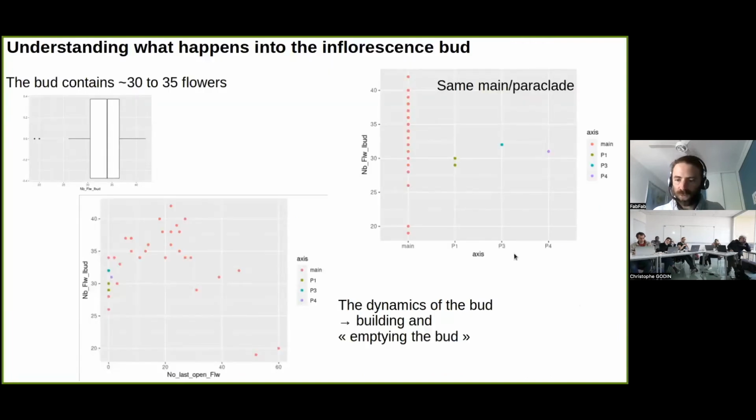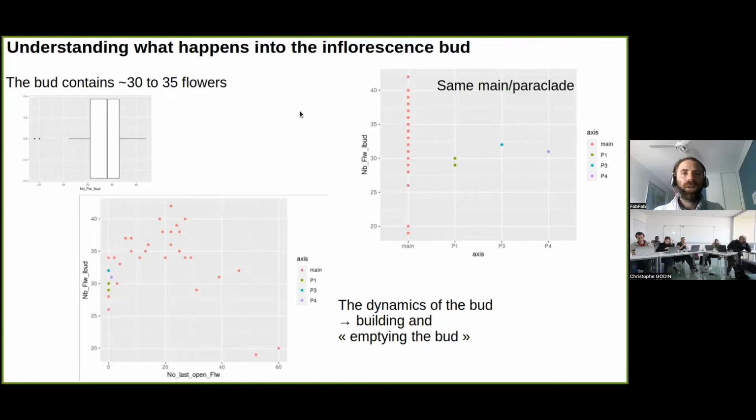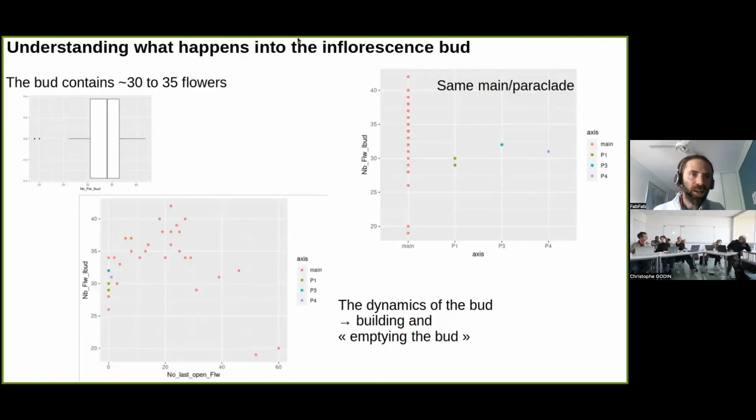Then, I told you I was interested first in the inflorescence bud. If I come back here, I dissected quite a lot of different plants, so from this you can make statistics about how many flower buds there are in an inflorescence bud.